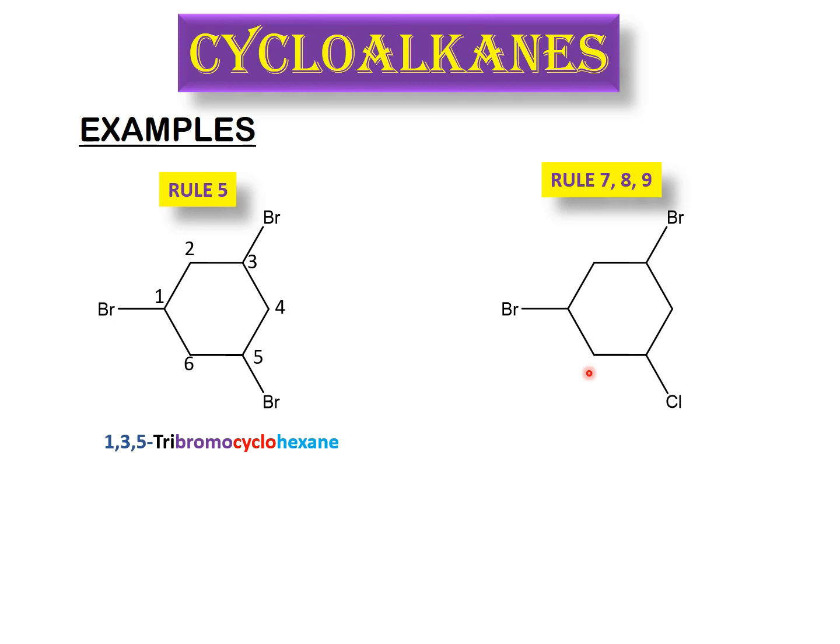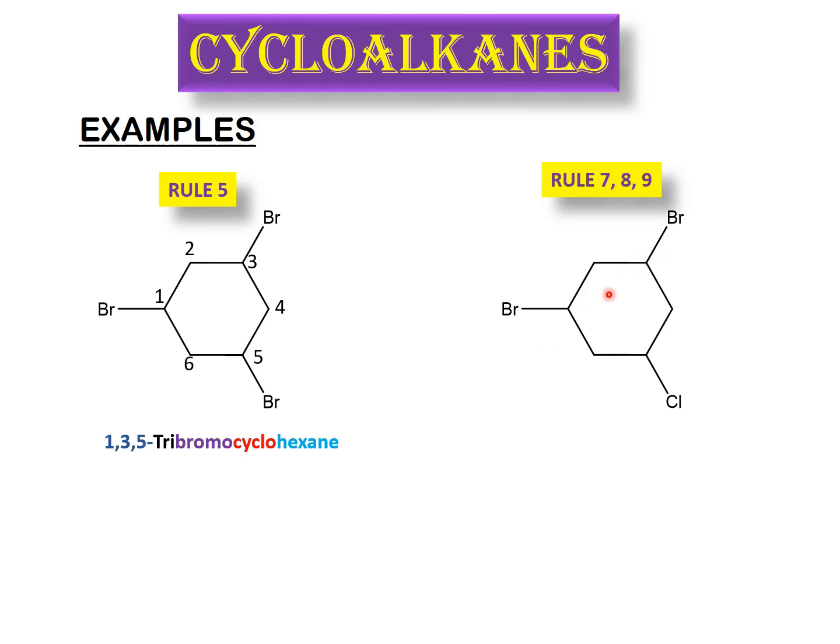You have to start numbering from a substituted carbon atom that has a substituent that comes first in the alphabetical order. So we have 2 different substituents. These are bromine atoms and this is a chlorine atom. So bromine comes first in the alphabetical order. So we have to start numbering from a carbon atom that has bromine as a substituent.